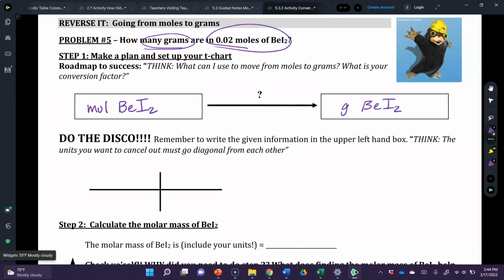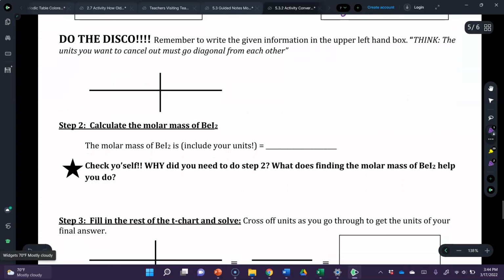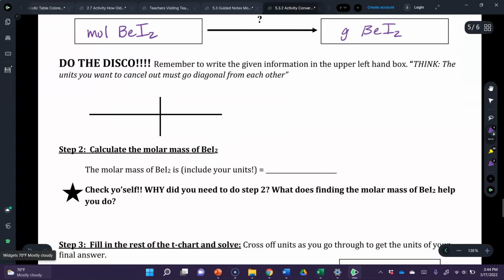Okay, so we set up our roadmap. Now we're going to set up our t-chart. So 0.02, I'm going to add a 0 just so we have more than one sig fig, mole of beryllium iodide. Doing the disco, I'm going to drag this diagonal, so moles and just the units. And that leaves me with the grams I want on top.